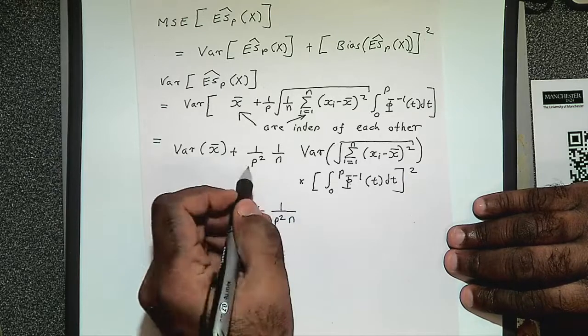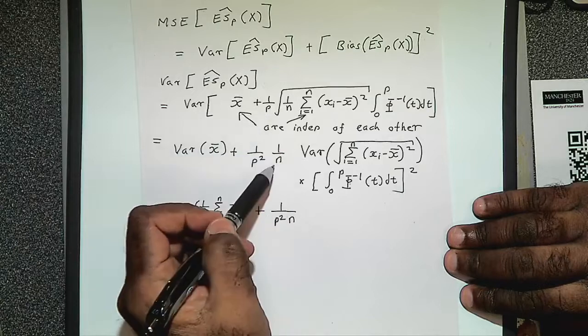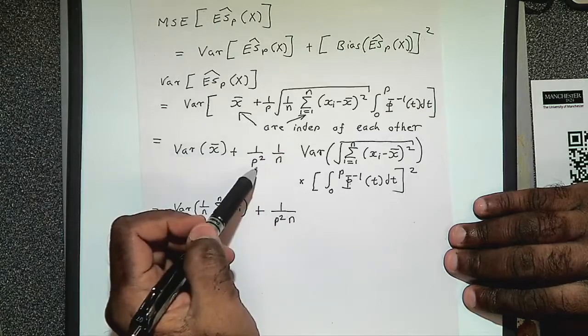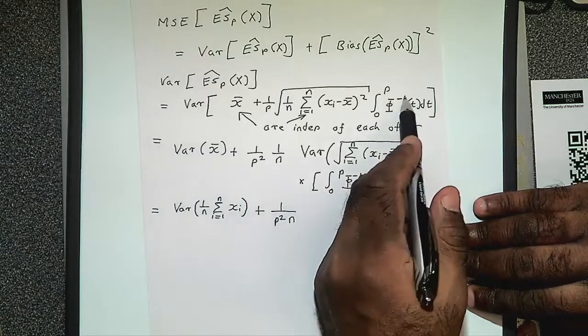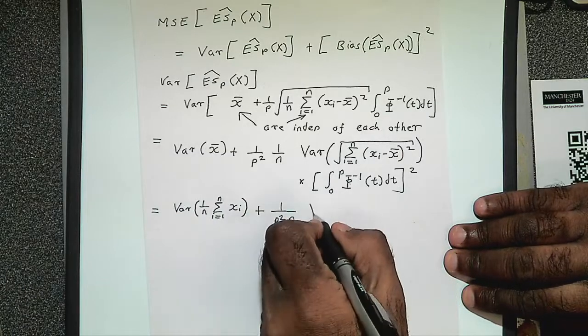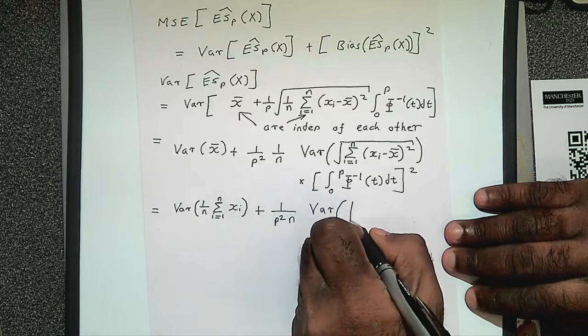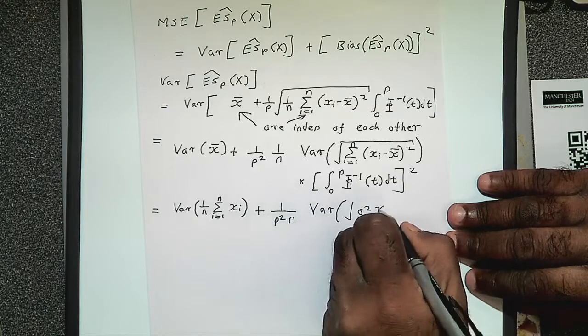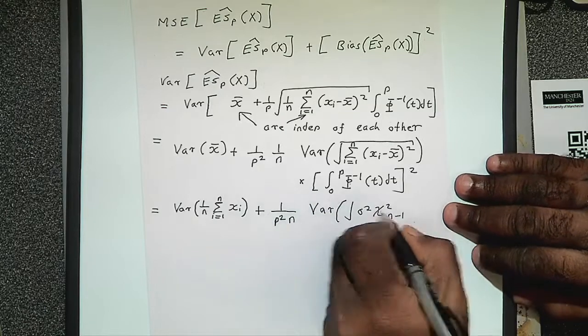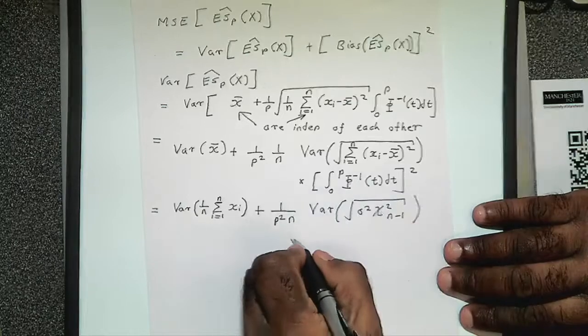It became p squared because p is a constant and n is a constant, so the root of n becomes n, and p becomes p squared, right? And also this is a constant, so this becomes squared, right? Okay, so you have the variance of the square root of sigma squared chi squared n minus 1, which is again another result that you should know from your undergraduate degrees.